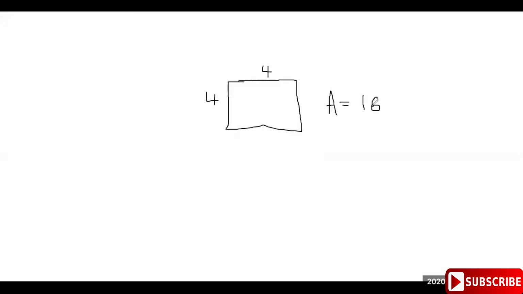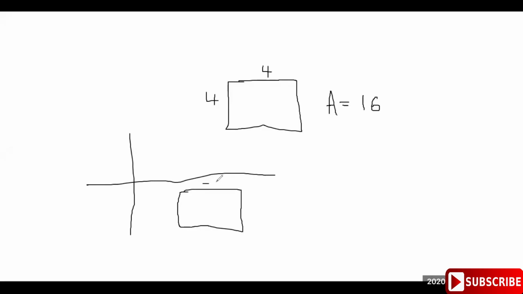But look at this. Let's say I put this square on a graph, completely below the x-axis. And so now it has a length of -4. But because it's completely below the x-axis, the area is going to work out to be negative, so I'm going to get area is -16.